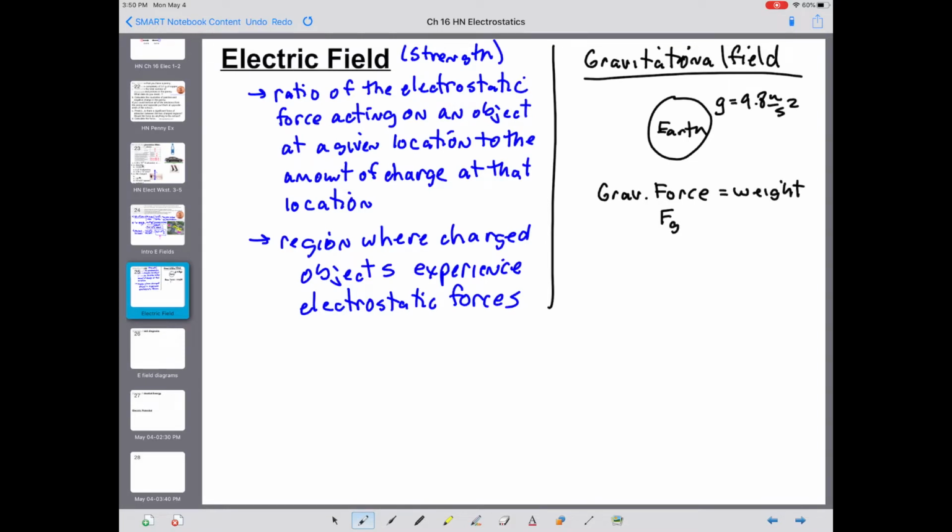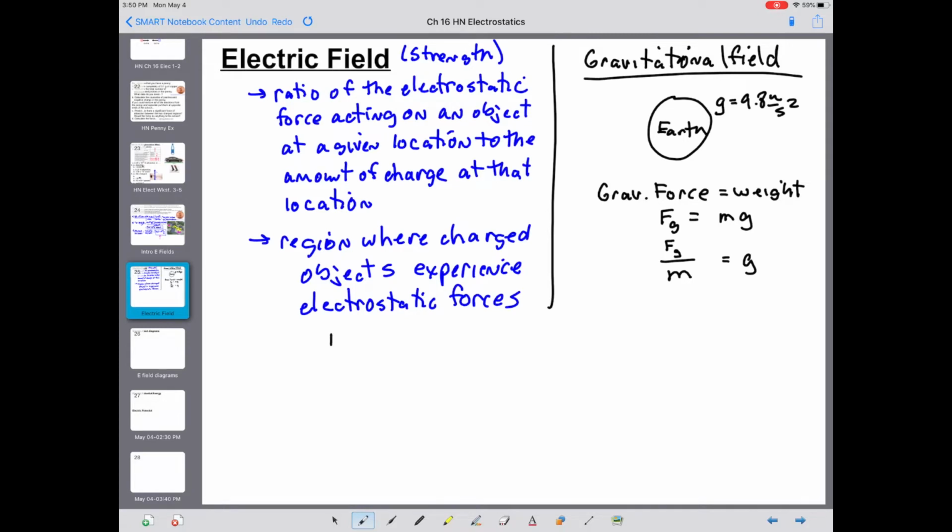Then we take that gravitational force. It's equal to mass times gravity. Well, if we solve that equation for gravity, that's a ratio of that gravitational force to the mass of the object. Electric field strength, really, we're basically saying the same thing.